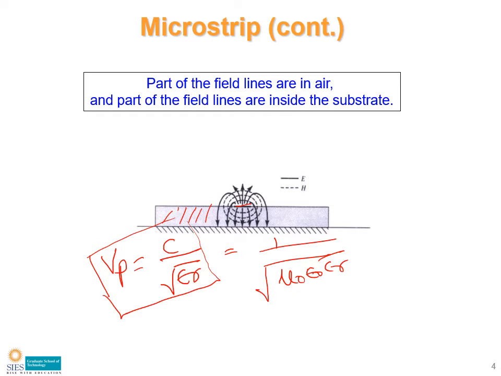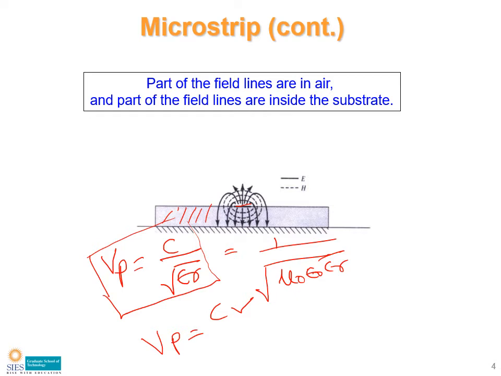But whatever signal is propagating through the free space will have Vp equal to C, because epsilon r for air is equal to 1. So the signal which is propagating through the air has the phase velocity, or propagation velocity, equal to C, and the signal which is traveling through the dielectric will have Vp equal to C upon under root of epsilon r.